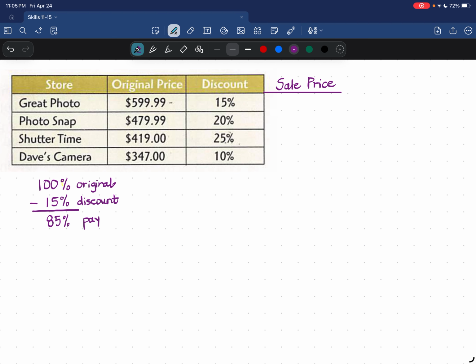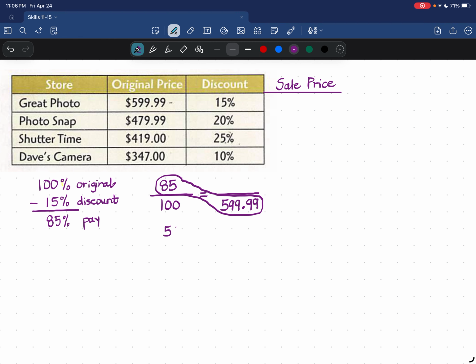Okay, so let's do a proportion. You have to pay 85%. 100 is always in the bottom, and original is always in the bottom. I would really like to round that to $600, but since I can use my calculator, I will use it. So here's the peanut. $599.99 times 85.